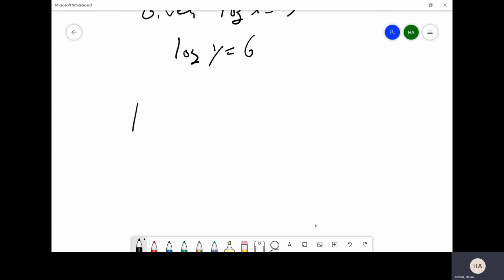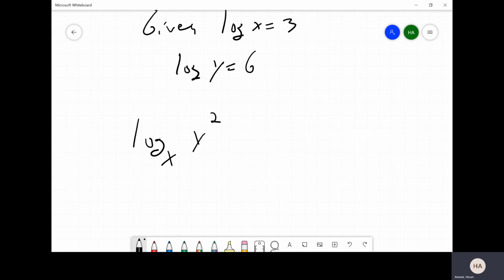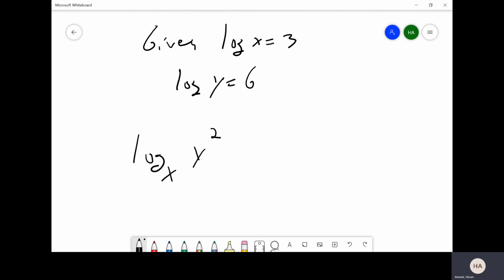And the following is log base x of y squared. Okay, so give this a shot, see what you can come up with. Again, evaluate means that you're trying to get a number back, right? Your final answer should be some sort of number.